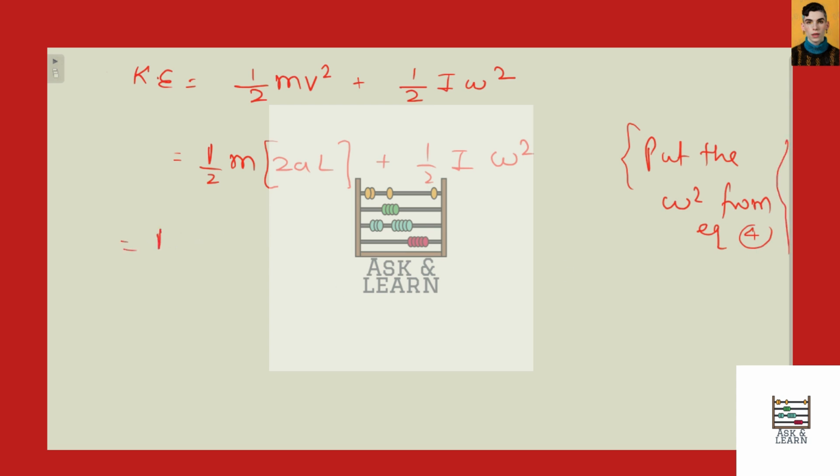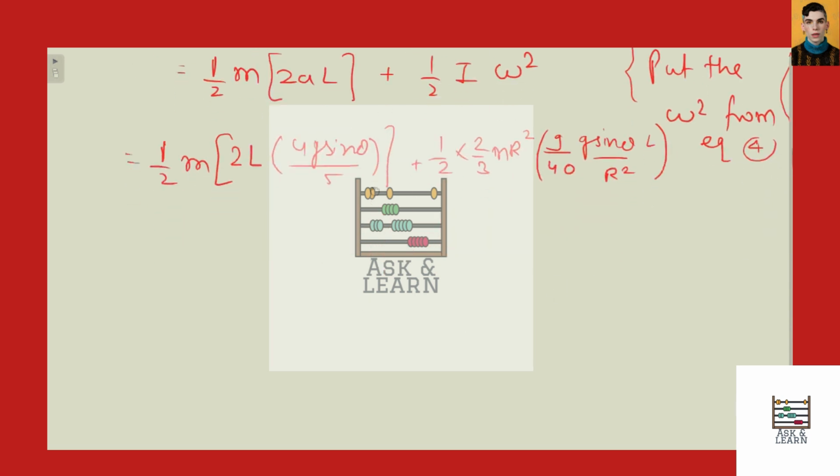So this becomes half m into 2 into L into the acceleration we have already calculated, that is 4g sin theta upon 5, plus half I, which is 2 by 3 mr square, and omega square is 9 by 40 g sin theta upon r square into L.